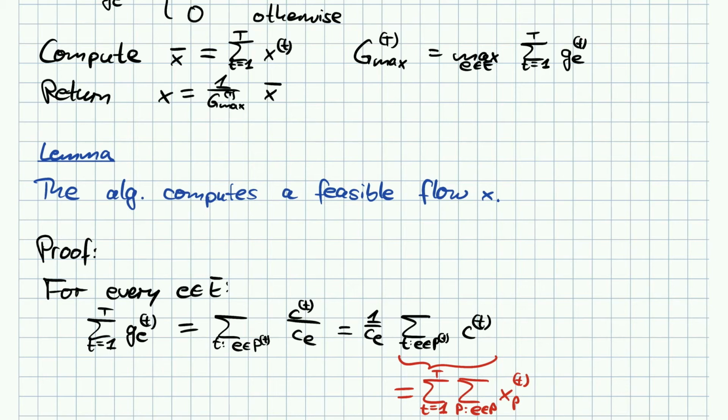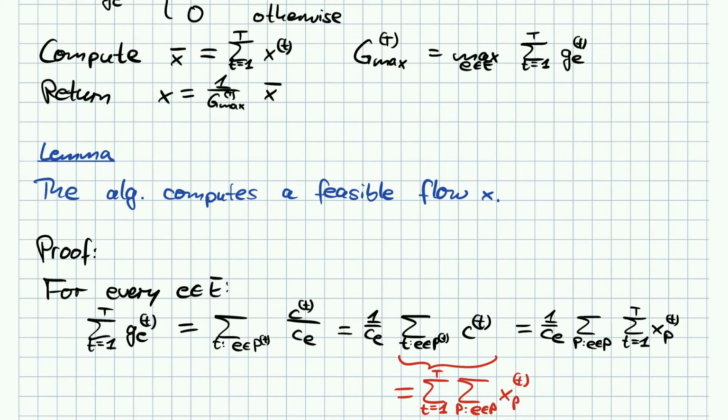Now, what does this tell us? This tells us that this sum here is nothing but the sum over all paths which include edge E, and then the sum over all time steps or iterations of x_p^t.